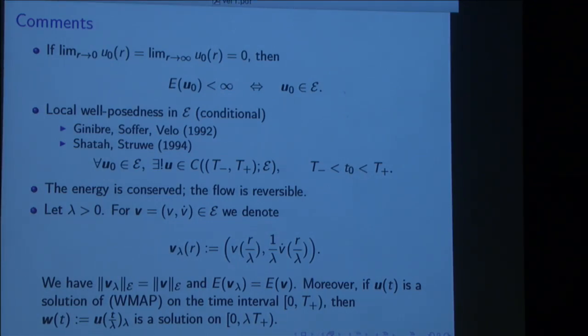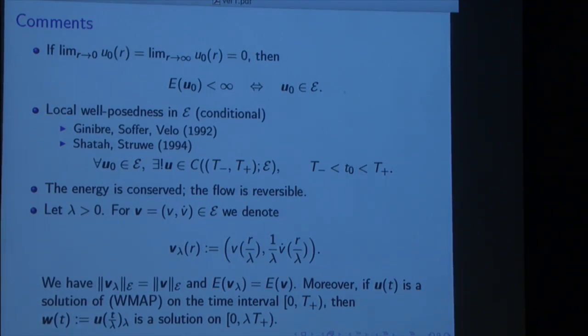If we think of V as being a fixed function, then if I take lambda small, this means that I'm zooming in at a very small scale. And this is also an element of the phase space.